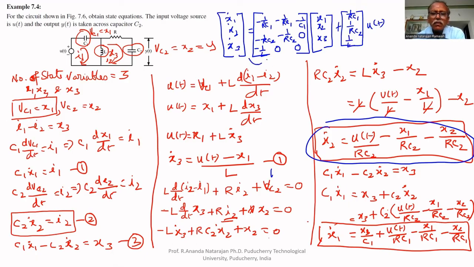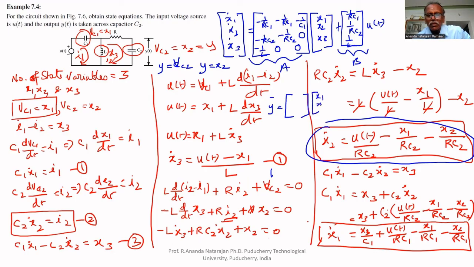This is the A matrix. This is the B matrix. What is y? y equal to VC2. That is y equal to x2. That is the equation. If you put them in matrix form, y equal to the row 0, 1, 0 times x1, x2, x3.